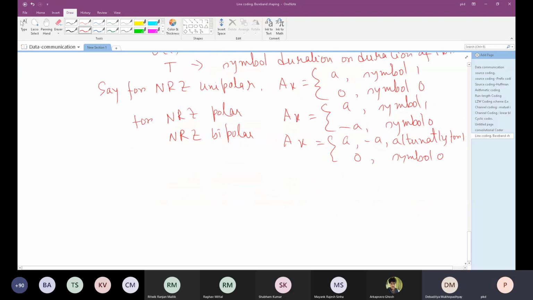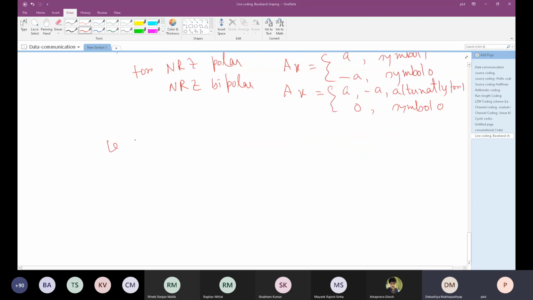So p(t) is of course, in most cases, a rectangular pulse. We shall see later that we will have some shaping of this to further combat bandwidth and pulse distortion.